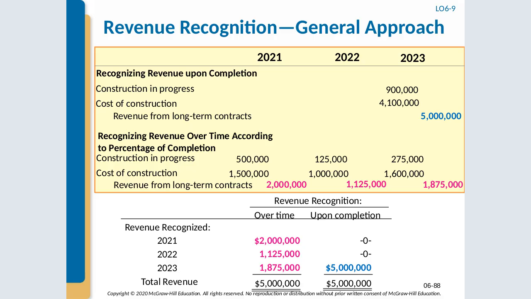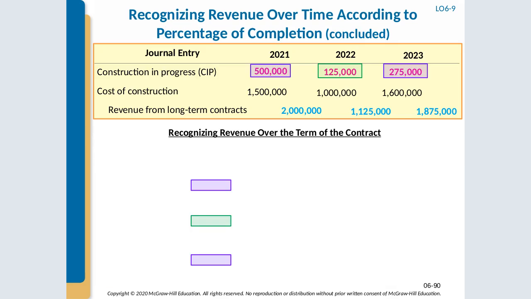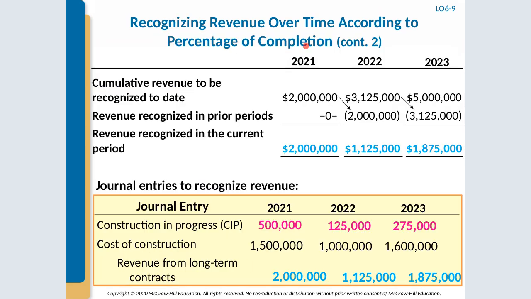Okay, I think we have a slide that shows that calculation. Yeah. So we have the 5 million multiplied by 40%.